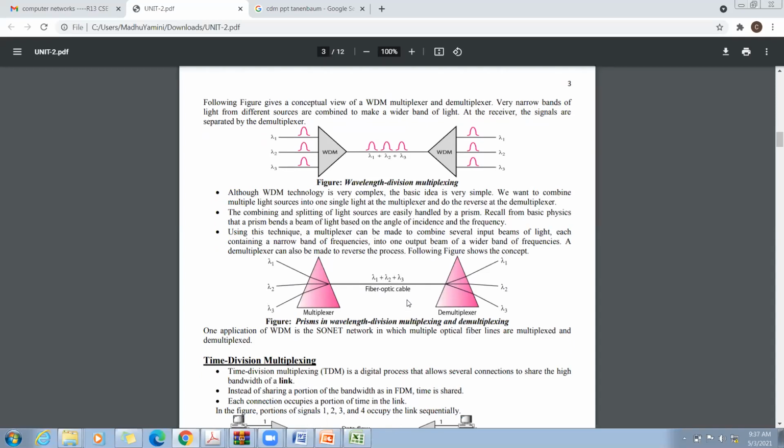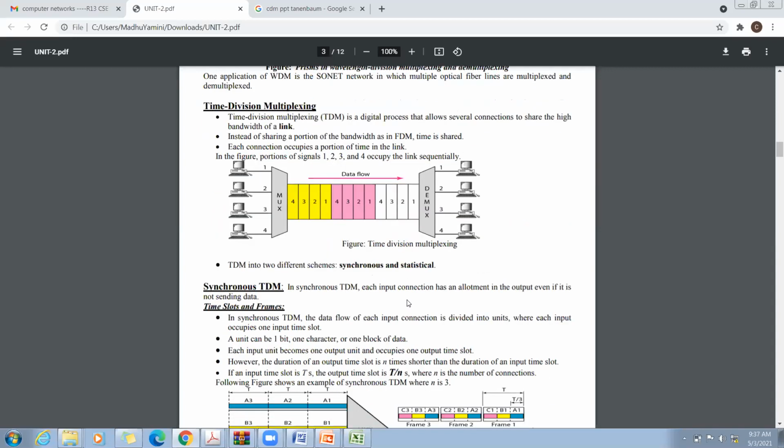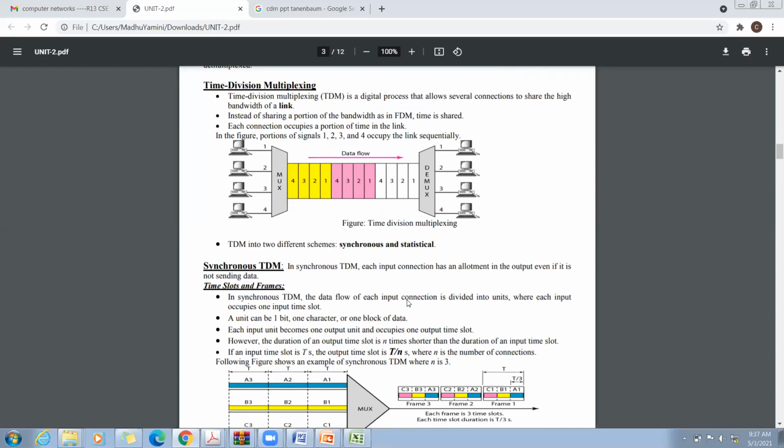After that, we started time division multiplexing in the last class. In frequency division multiplexing, frequency bands are shared among the users.